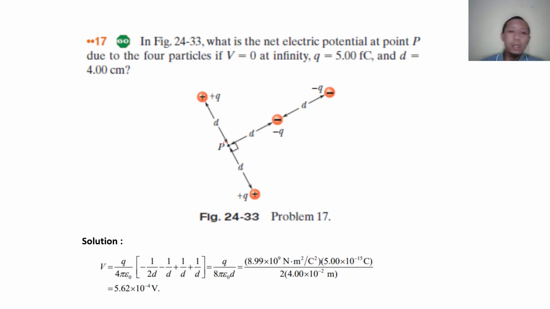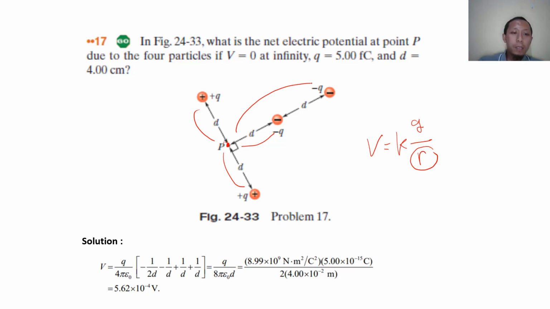So here, you can easily solve it by using the equation V equals kq per r. The r is different for each charge, because there are four charges, 1, 2, 3, 4, so we have 4 charges here.